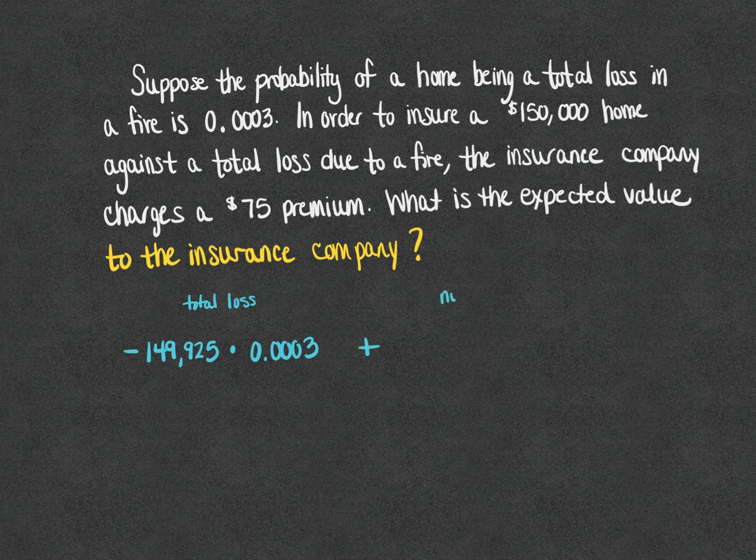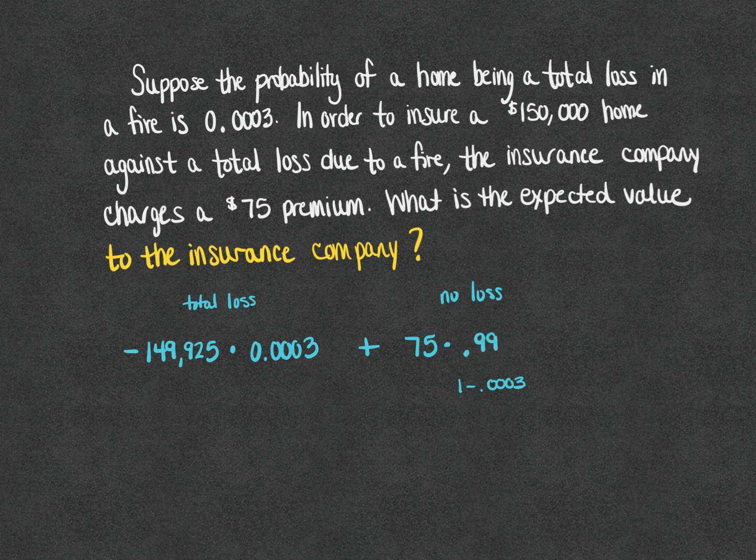Otherwise, what could happen is we're going to look at it again as there's no loss. We're greatly simplifying this process. But if there's no loss, the insurance company takes your $75 and they get to keep it. Well, other than they'll probably end up paying it to someone else whose house catches on fire, but that's profit for them. If there's no loss for you, that is profit for them. And if there is a 0.0003 chance that you have a total loss, then there would be a 1 minus 0.0003, that's the complement, chance that there is no loss.